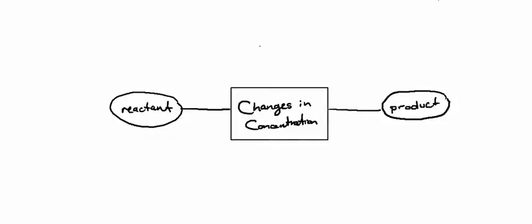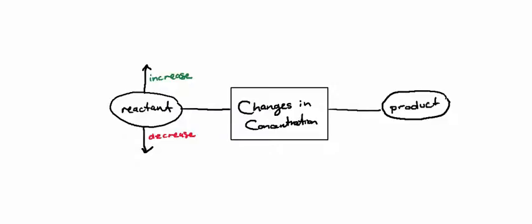Okay, so we'll start by looking at the effects of changes in concentration. And when we're changing the concentration, we can either change the concentration of a reactant or of a product. So if we're changing the concentration of a reactant, we've got two options. We can either increase the concentration or we can decrease the concentration.